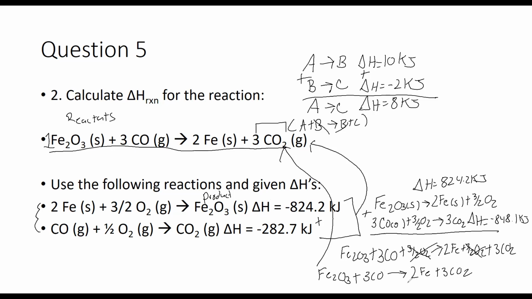So this is 824.2 minus 848.1. I put a negative sign here, but it's really plus a negative, so minus, which is negative 23.9 kilojoules. That should be your answer.